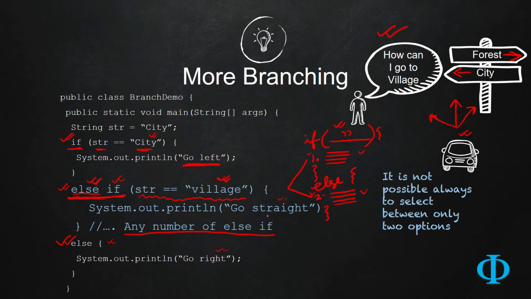In that case, print go straight. Otherwise, for all the other different cases, you can print go right. So that's the explanation of this Java code where I have introduced another branch in the program. In the next video, I am going to clarify it through a Java demo program.